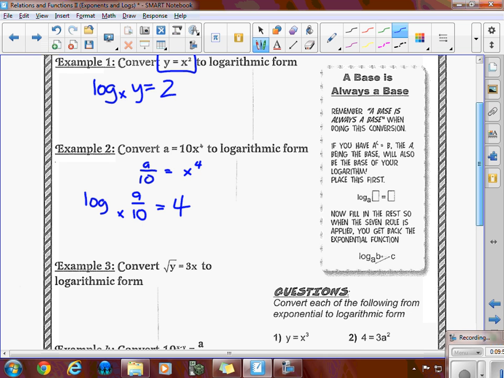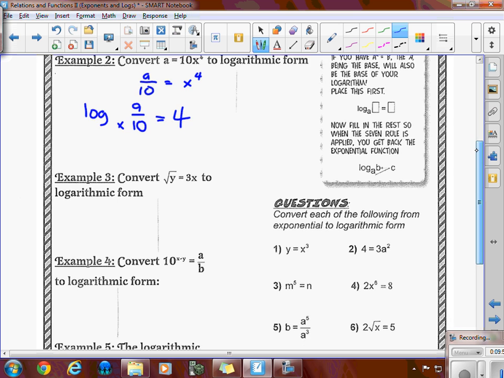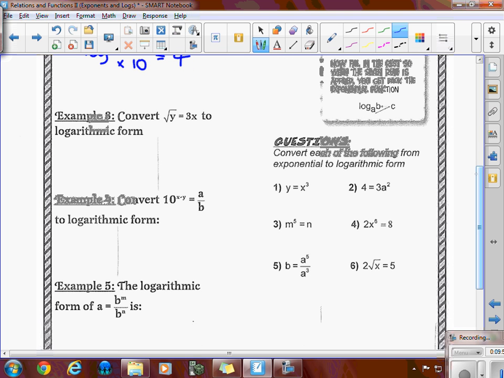Anyways, let's look at this. Convert the root of y equals 3x to logarithmic form. Problem here, we don't have a power, but we sort of have a power if you know enough. It's y to the 1/2. This thing here is y to the half. That's why we were reviewing that earlier. Equals 3x.